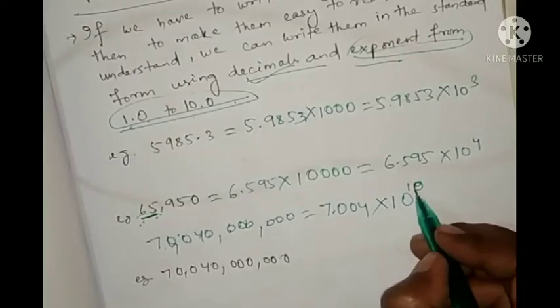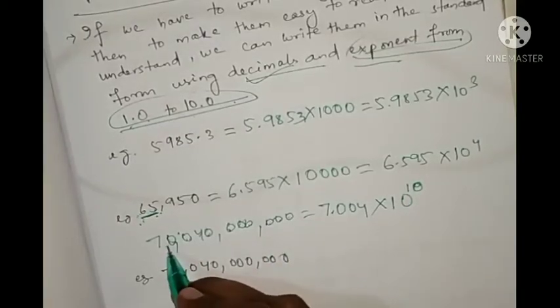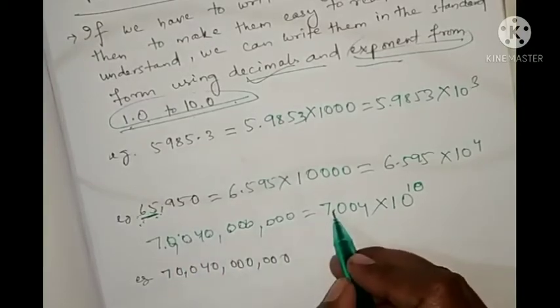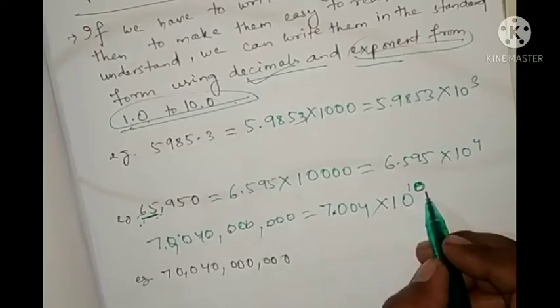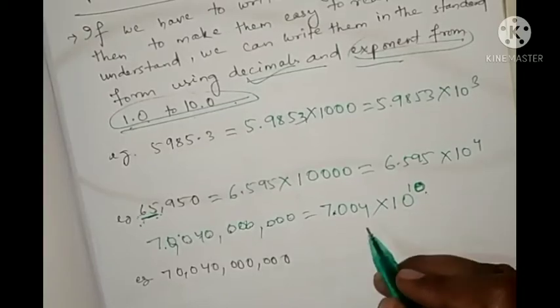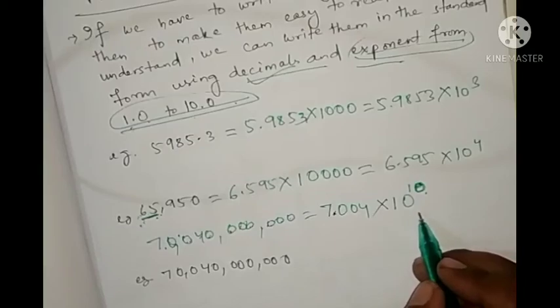Okay, 10 to the power 10 means before 10 numbers you are putting the point. That's why you will put here 10 to the power 10. Like this you can express large numbers in standard form.